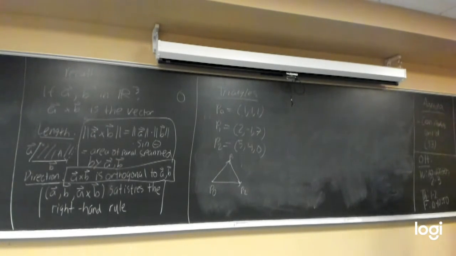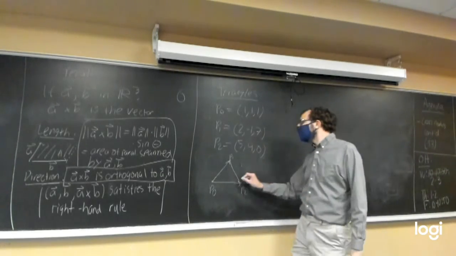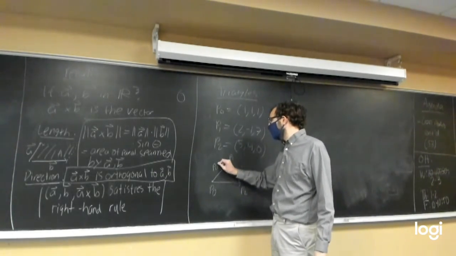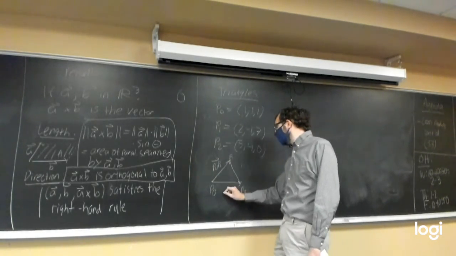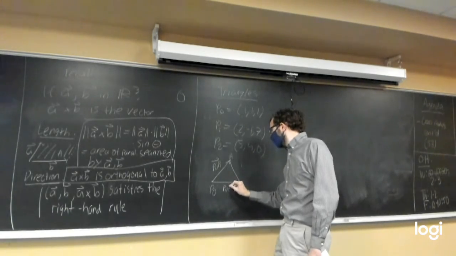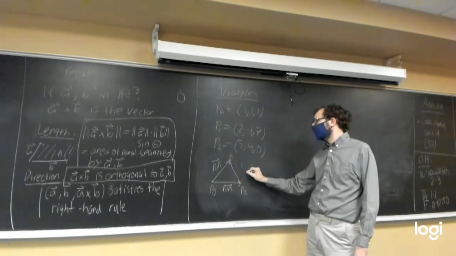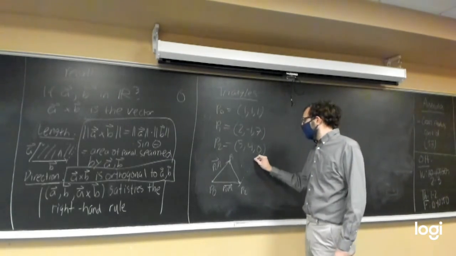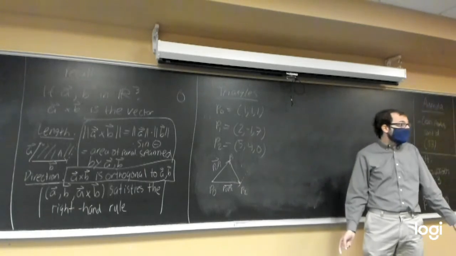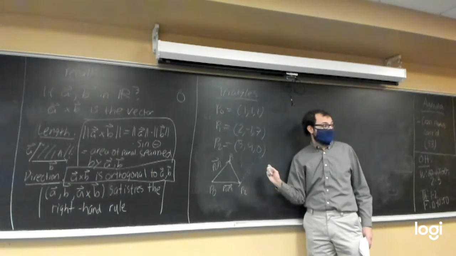Yeah, so there's actually a nice approach that says the cross product isn't going to tell us the area of this triangle necessarily, but if we look at the vector from P0 to P1, we write that out as a displacement vector. And if we write out a displacement vector from P0 to P2 as vectors, and take the cross product of P0P1 and P0P2, the magnitude of that cross product should give us the area of this parallelogram right here.